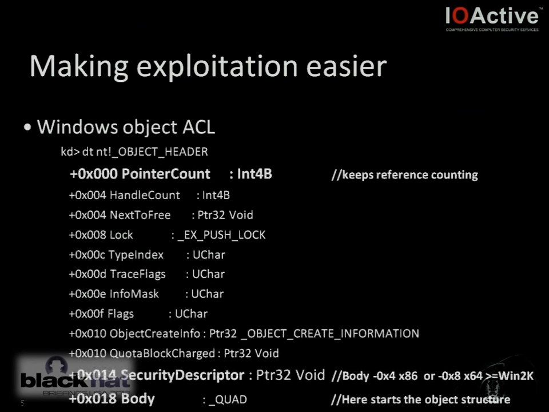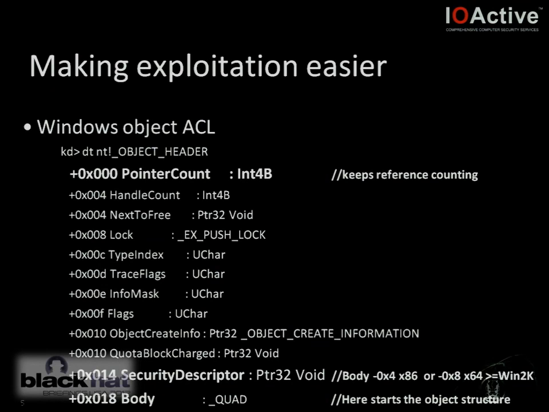So let's start with the first trick. Here you can see the header of almost every object on Windows. At the end of this object header is the main body of the specific kernel structure.